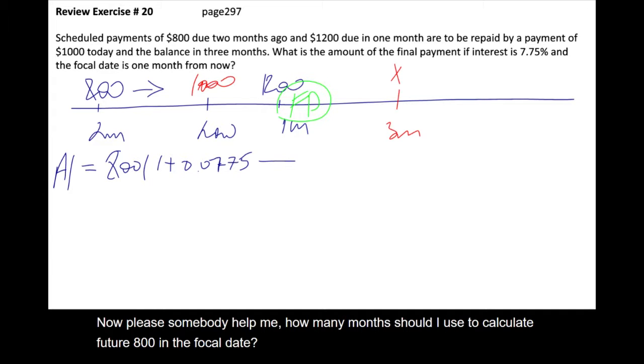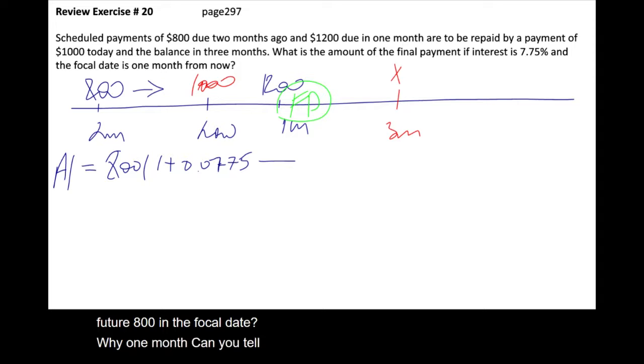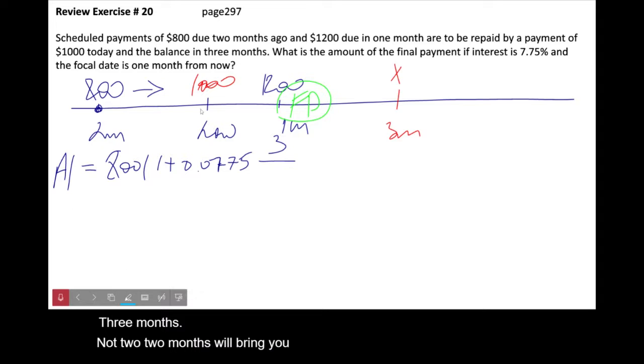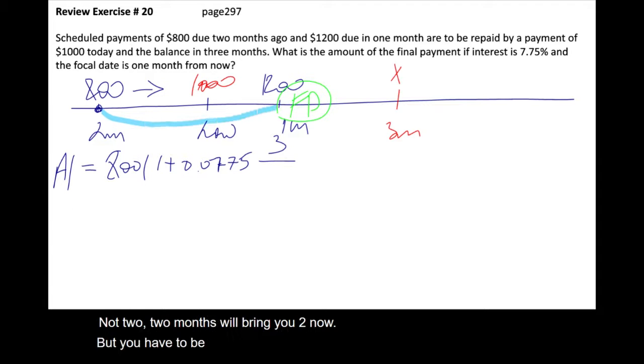Okay, why 3 months? Because now to 2 months ago is 2 months. 2 months will bring you to now, but you have to be here, right? So how long is that?